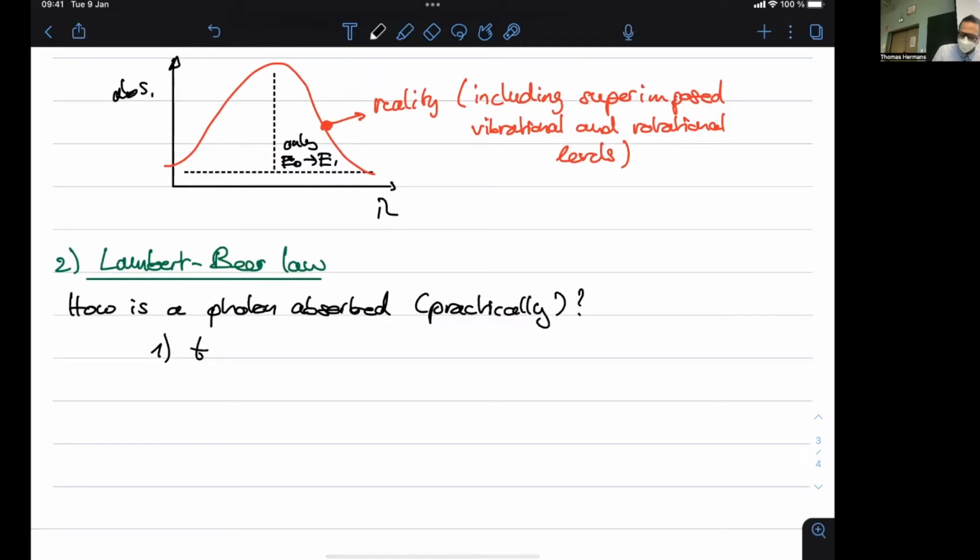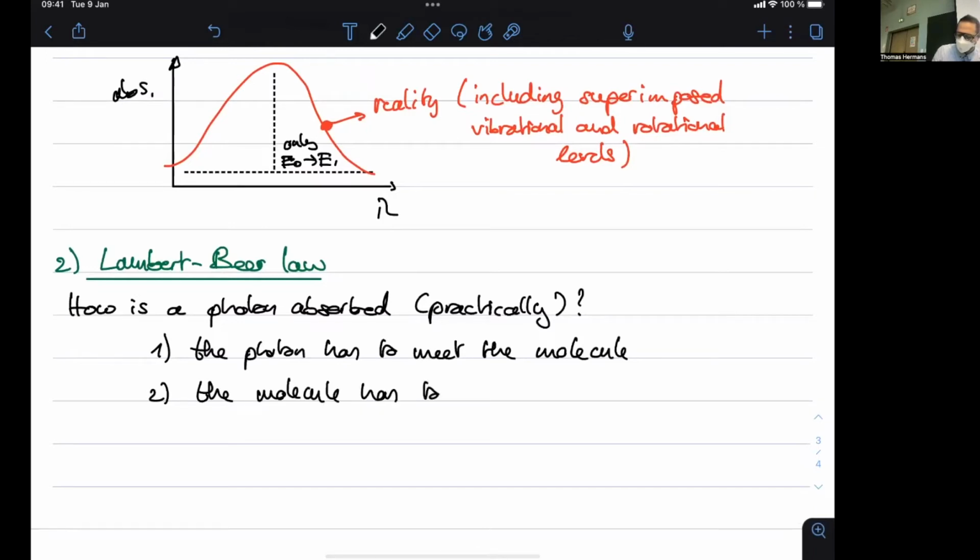The photon has to meet the molecule, right? And the molecule has to absorb the photon.